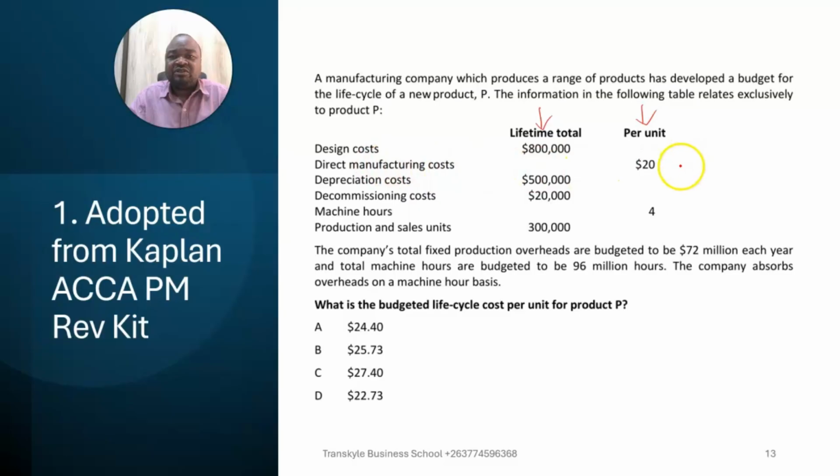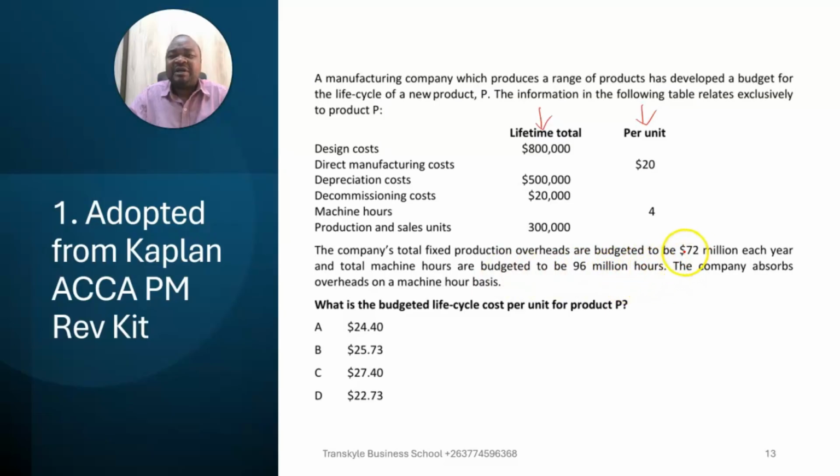Direct manufacturing costs, we are given the cost per unit. Depreciation costs, we are having 500,000. Decommissioning costs, 20,000. Machine hours, we are given the hours per unit. Then production and sales units, 300,000. The company's total fixed production overheads are budgeted to be 72 million each year, and total machine hours are budgeted to be 96 million hours.